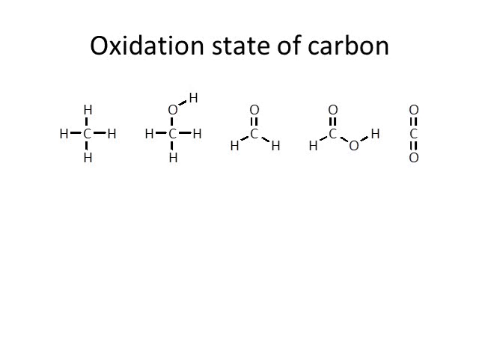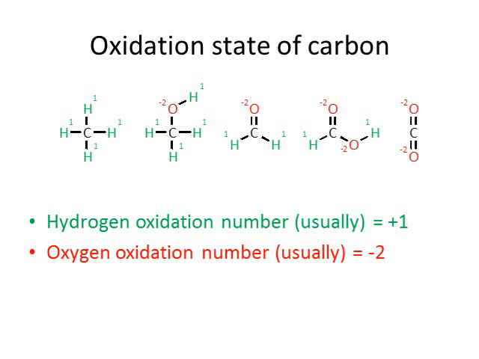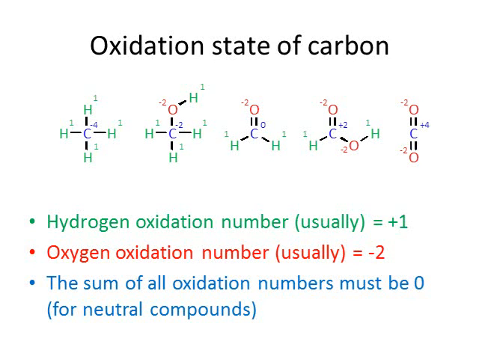There are a few rules to figure out oxidation states. The first rule is that hydrogen usually has an oxidation number of +1. So in each of these cases, the hydrogen has an oxidation number of +1. And oxygen usually has an oxidation number of -2 in compounds, not in its elemental O2 state. And the carbon, on the other hand, comes down to the context. For a neutral molecule, the sum of oxidation numbers must be 0.